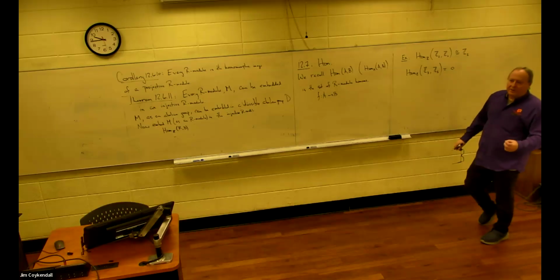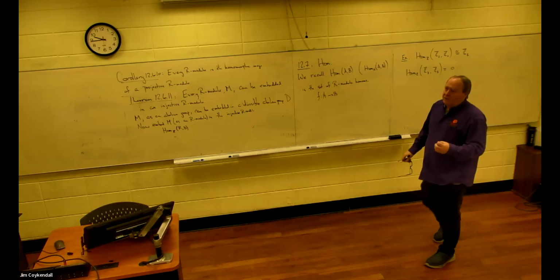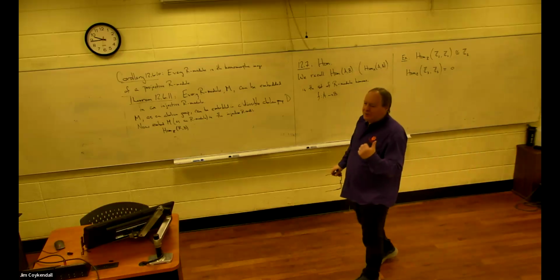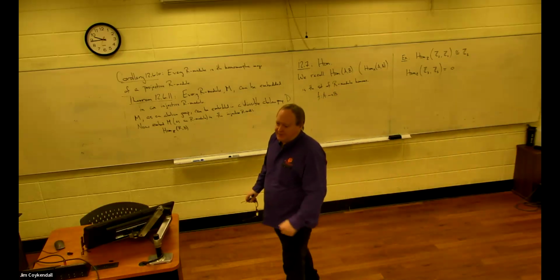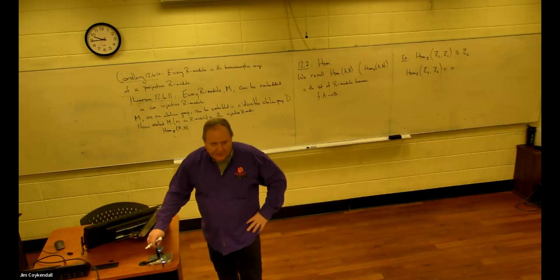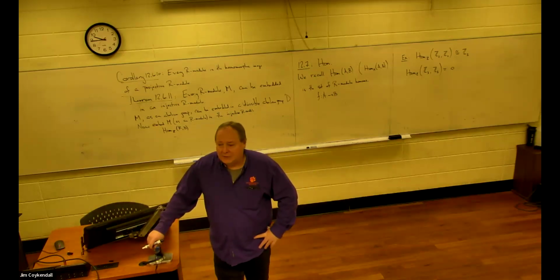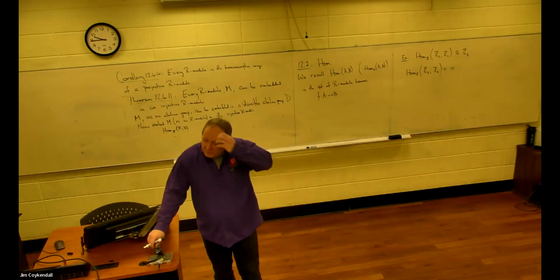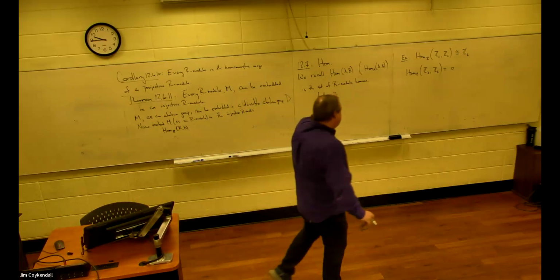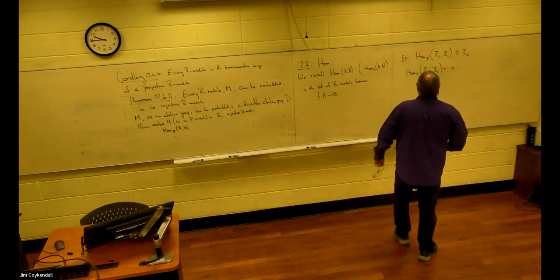But the order of the generator in Z3 is 3. So it has to go to something over in Z5 whose order divides 3. And the only divisors of 3 are 1 and 3. And that's a group of order 5. So you have to send the generator to 0, which forces all homomorphisms to be 0.